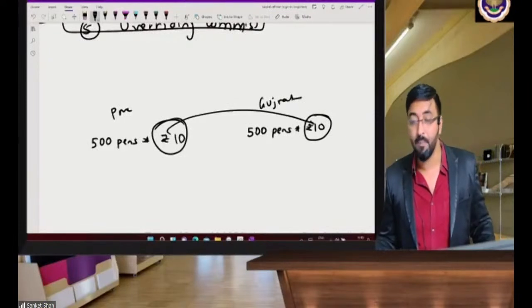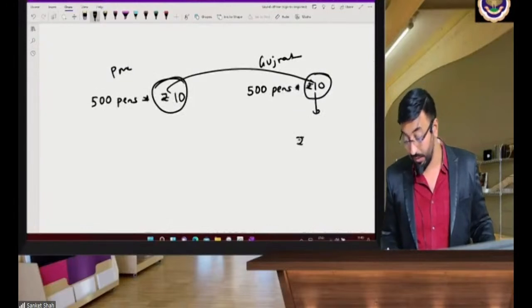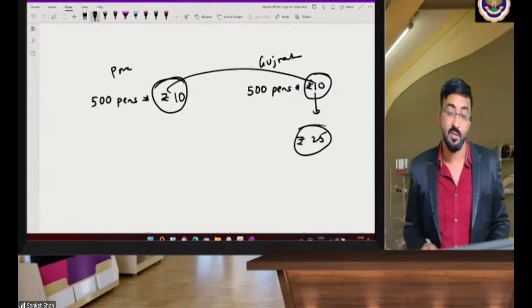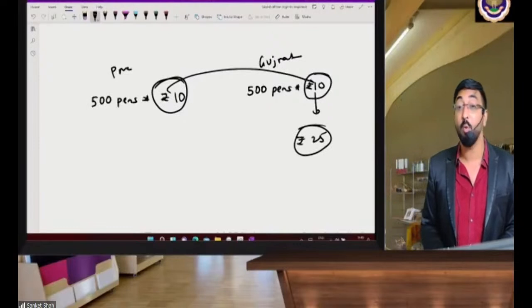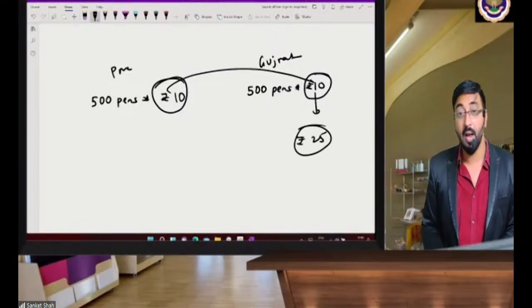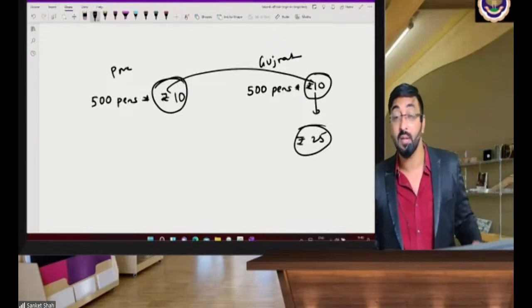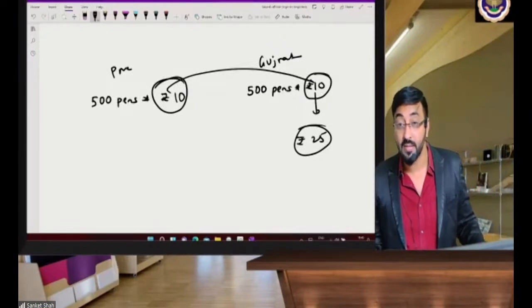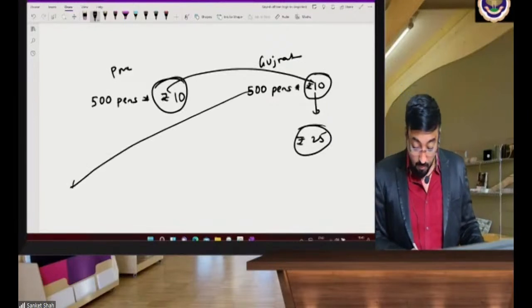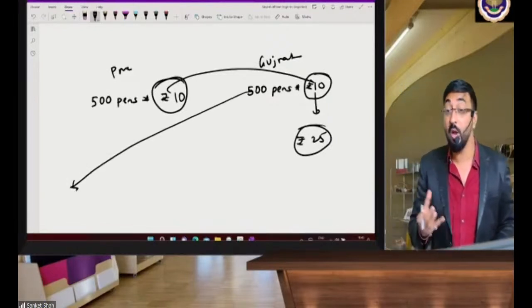It might happen. Suppose I'm selling this pen at 25 rupees, he understood my profit. My Jijaji is selling this 10 rupees pen at 25 rupees, and it might happen he may contact my dealer in Pune from where I bought these pens.